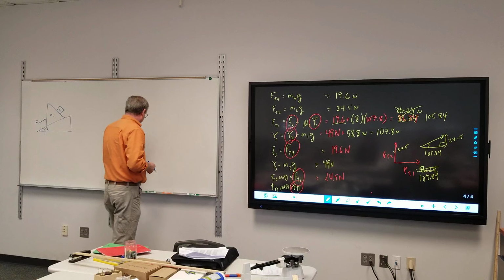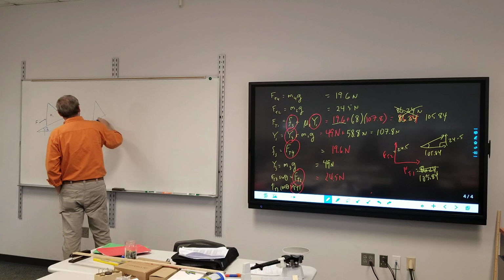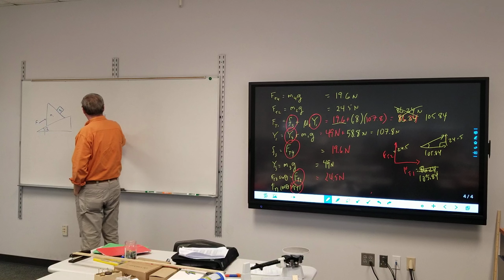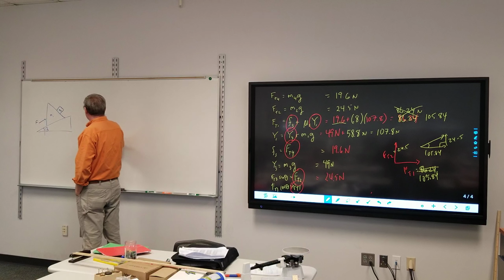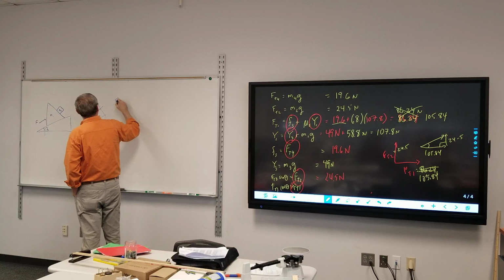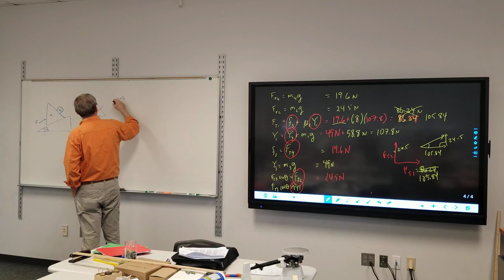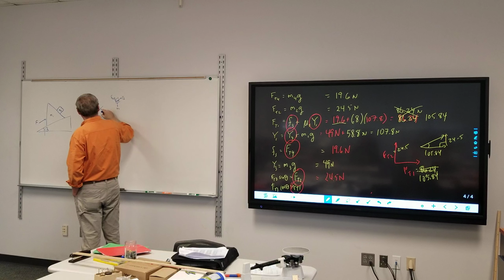Now, the force diagram was given to you, but I think it's wrong. You had Y1, F1, big F, Y2, so mass 2, W2, I left off W1, and F2.